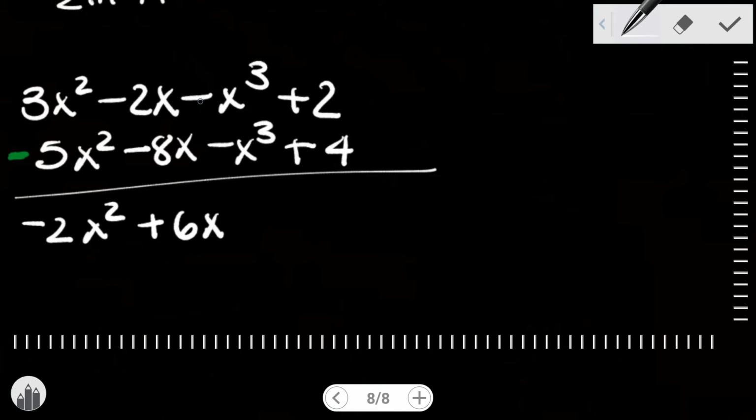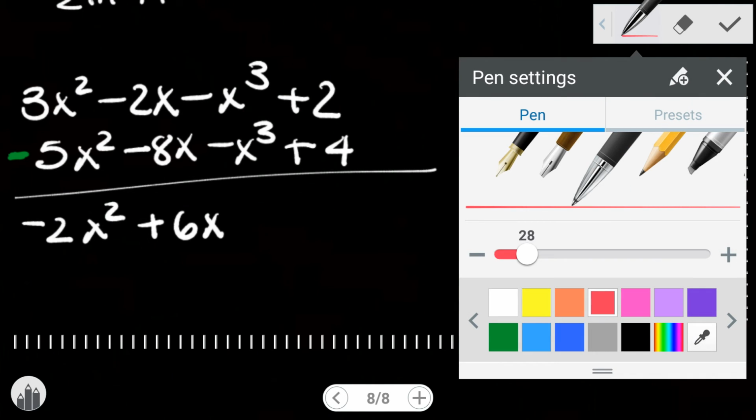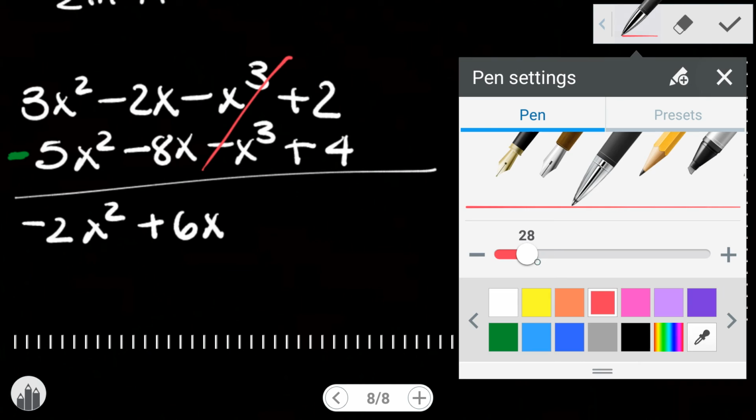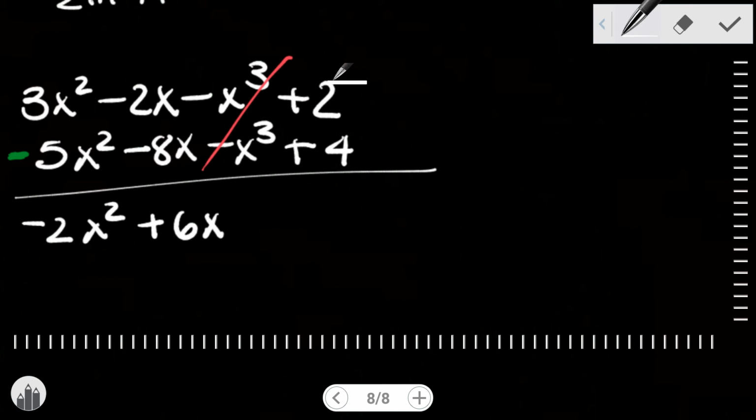And then also you have a negative x cubed minus an x cubed. So this will really cancel out. And then, moving on to the next thing, 2 minus 4 will give you a negative 2. And that is the final answer.